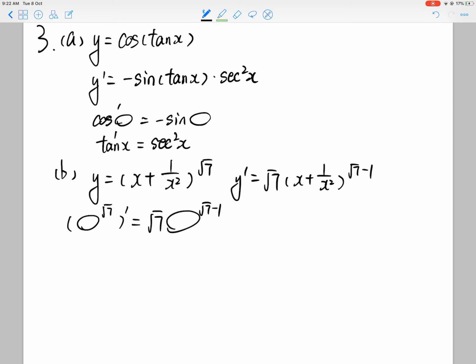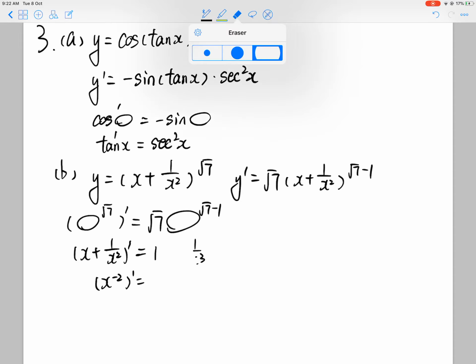Then, after you deal with it, you can ignore this. Then the function left is x plus 1 over x squared, and we need its derivative. The derivative of x is 1, and 1 over x squared is x to the power of negative 2, so the derivative is minus 2 over x cubed.